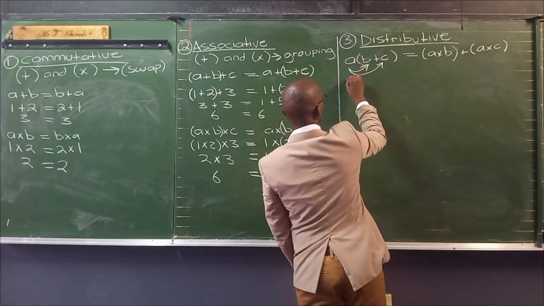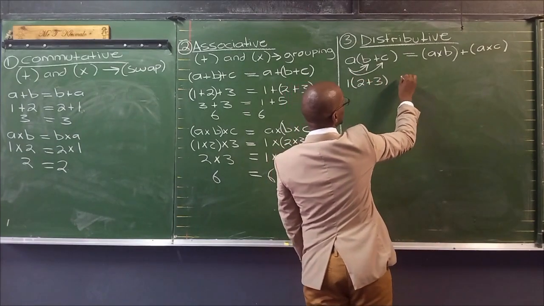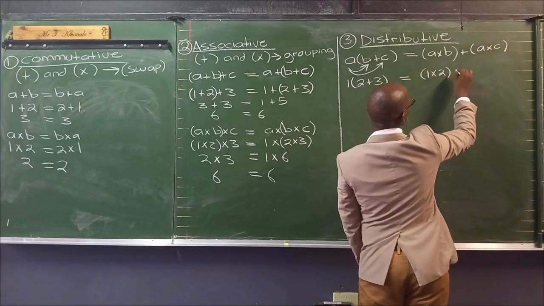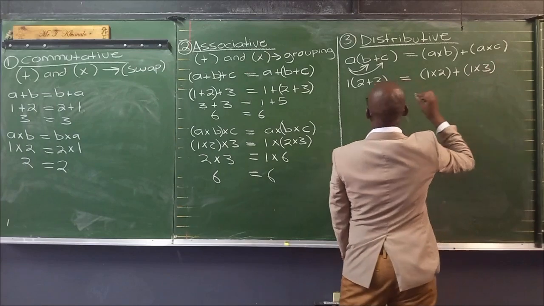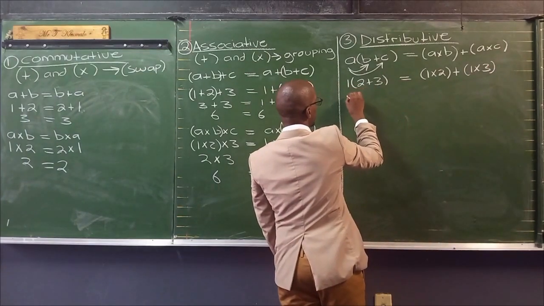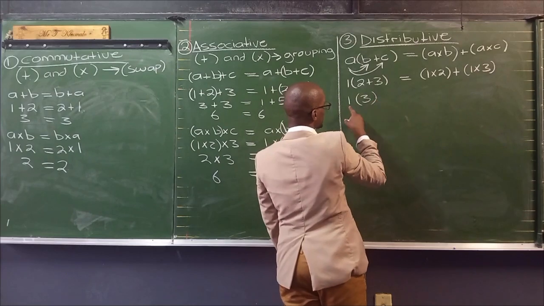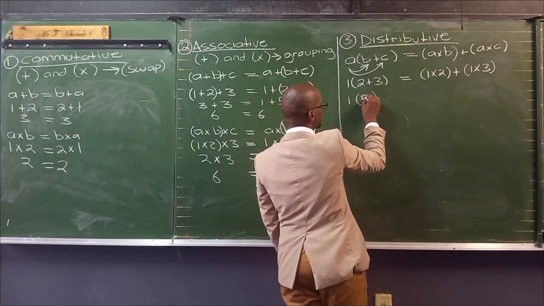So basically this would also be 1 times (2 plus 3) is equal to 1 times 2 plus 1 times 3. Right, so now we have 1 in brackets, we have 2 plus 3. Right, so this is multiplication. This is 2 plus 3, which gives you 5.